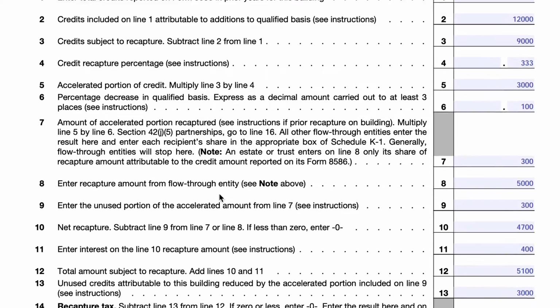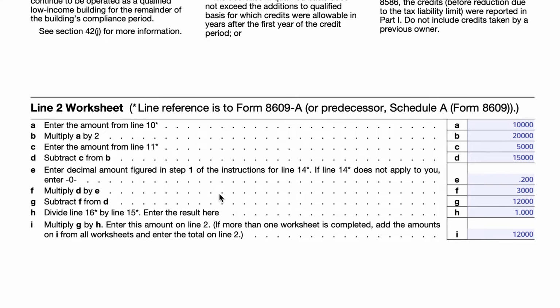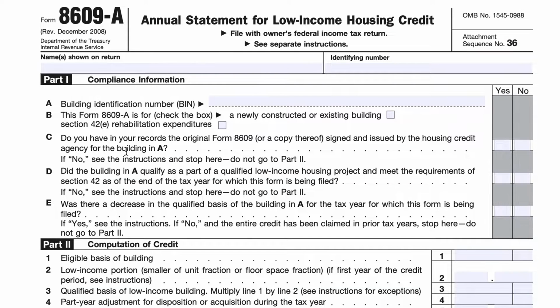to recapture. So there is a worksheet down here on page 2 at the bottom, and we'll walk through this. This is the first reference to a form other than 8611. You have to go to IRS form 8609-A, which is right here, and the predecessor was 8609 Schedule A. So about 2008, 2009 timeframe, they separated those into 2 separate forms.